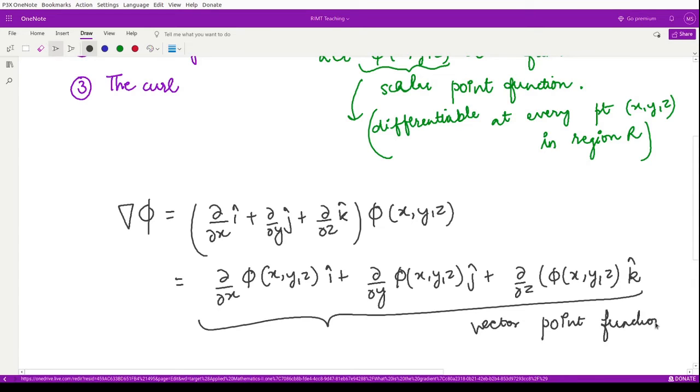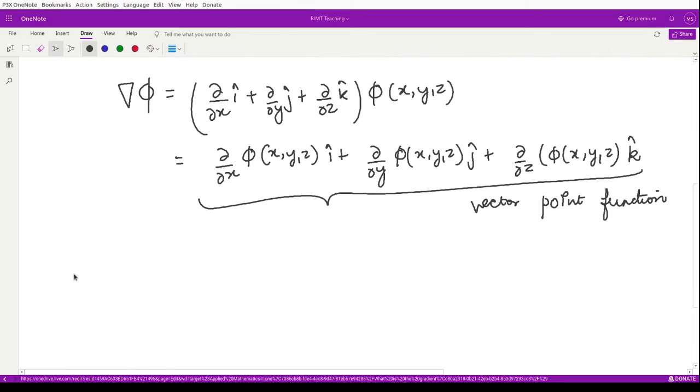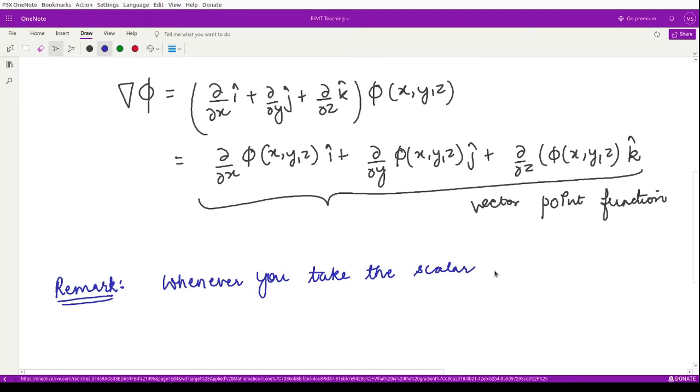So from here you saw that, let me write a remark here. It says that whenever you take a scalar point function and calculate the gradient of that scalar point function, the gradient of the scalar point function will always be a vector point function.